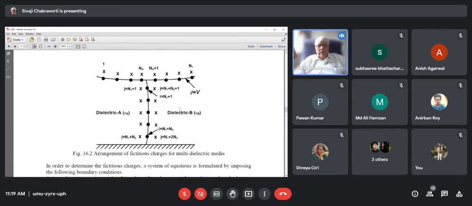So now we come to the dielectric interface. We take a point.